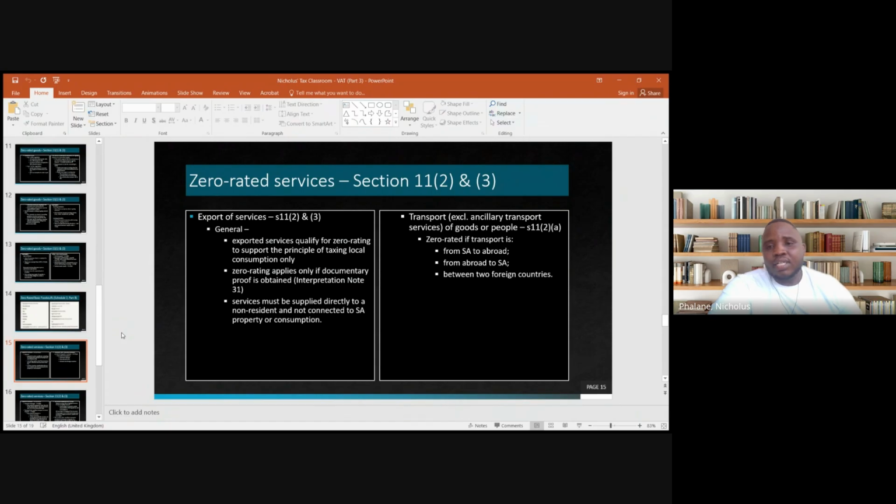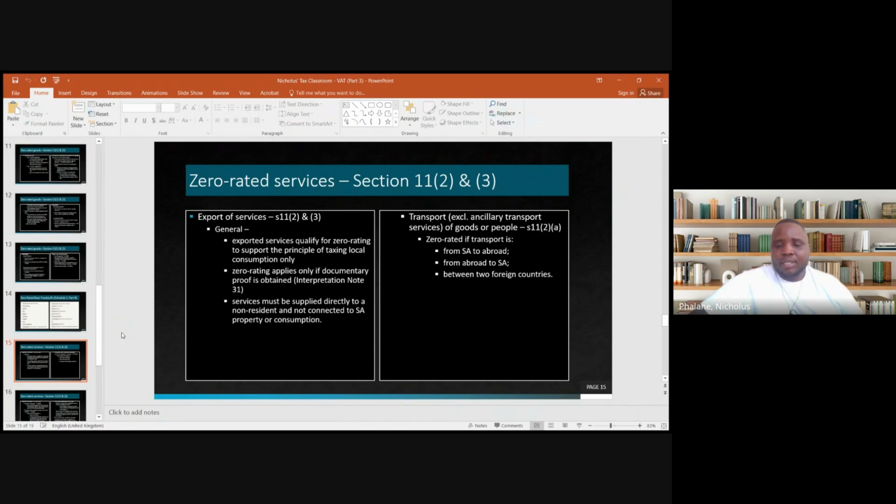In terms of Section 11(2)(a), this is zero rated if the transport is from SA to abroad, from abroad to SA, or between two foreign countries. All right. So even between those two foreign countries, if this transport is supplied by a South African supplier, it would still be zero rated because it's an export service.